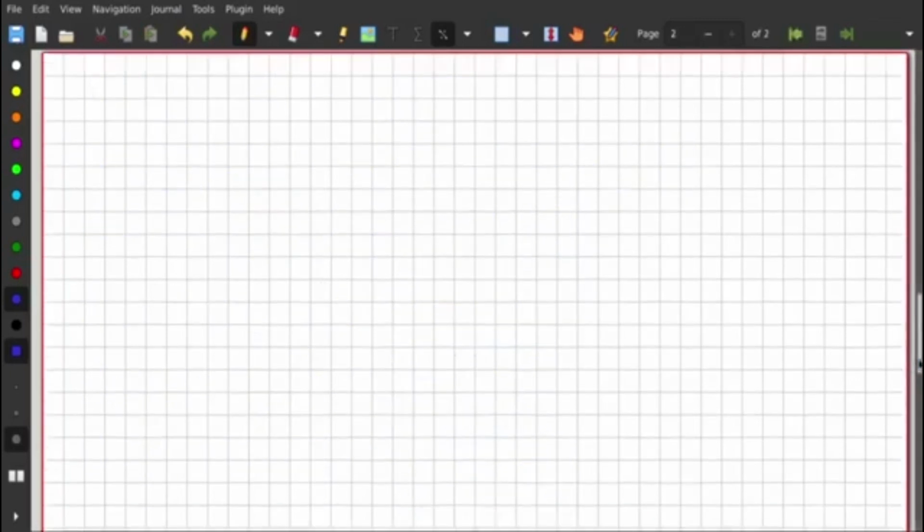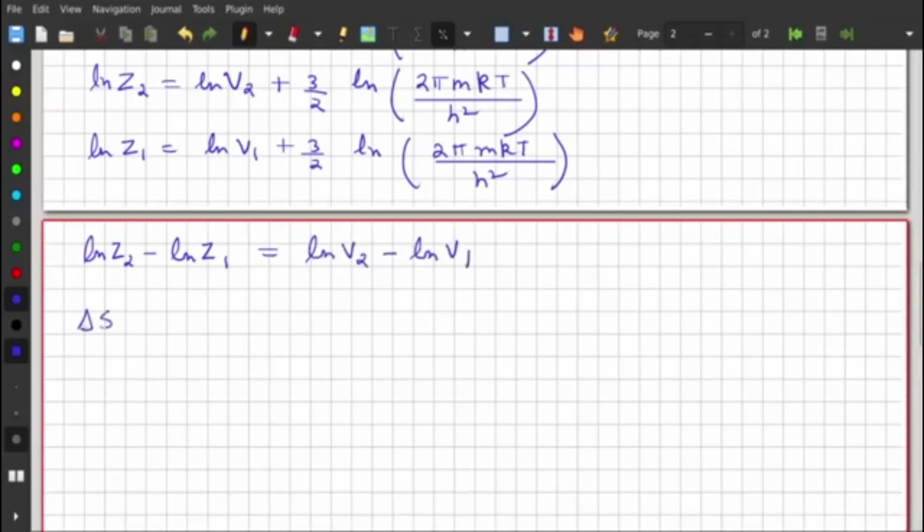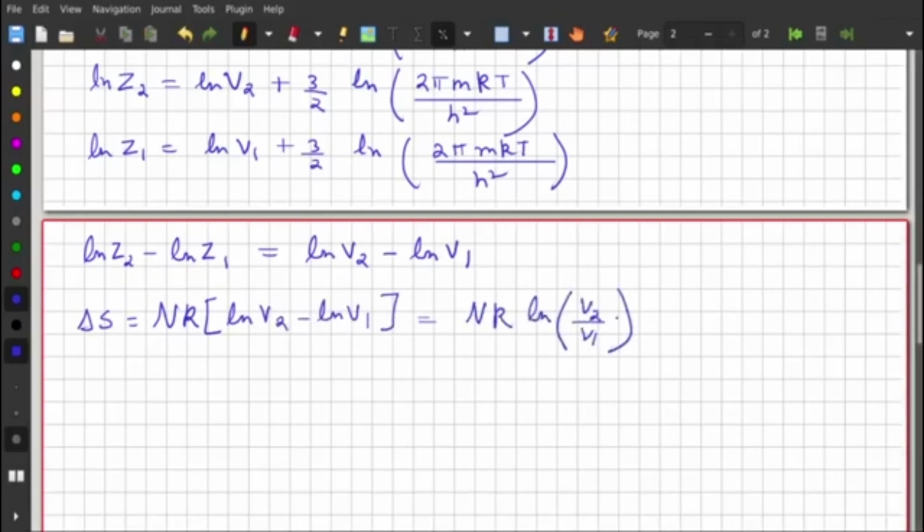And therefore log Z2 minus log Z1 is nothing but log V2 minus log V1. The entropy change S could be written as N k (log V2 minus log V1), or as N k log V2 over V1.